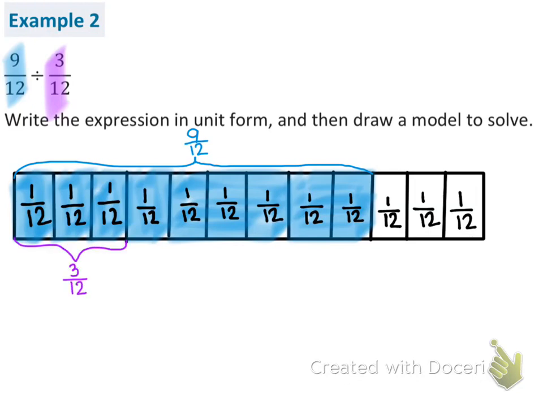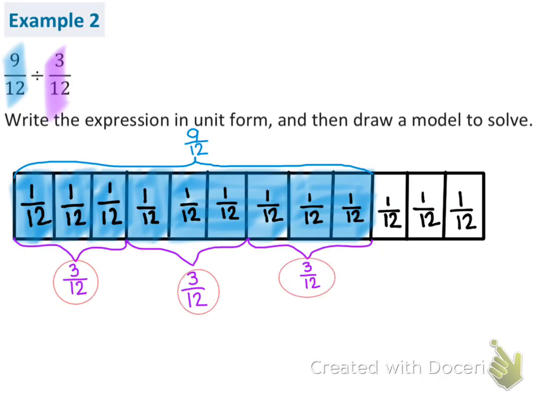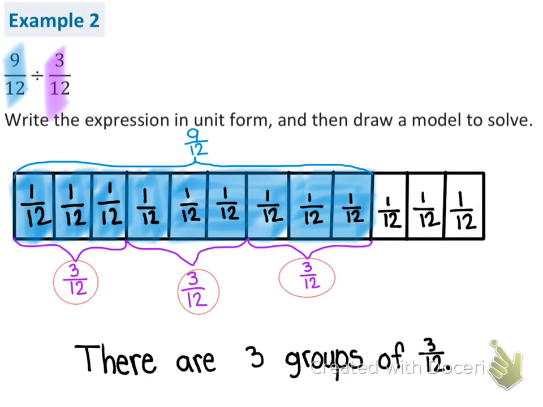So that's one group. And then again, 1/12 plus 1/12 plus 1/12 is 3/12. So it's two groups, three groups. So you can clearly see I have one group, two groups, three groups. I want to know how many 3/12s fit in 9/12s. So there are three groups of 3/12.